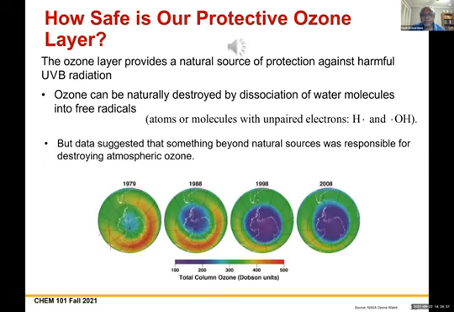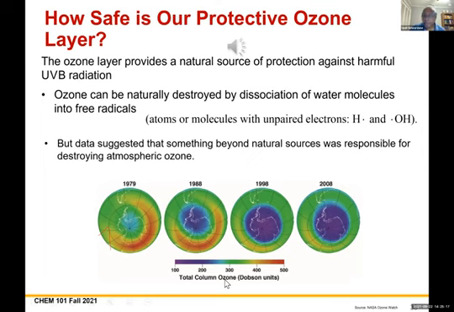If you look at the ozone layer in the Arctic and Antarctic regions, in 1979 it was okay. In 1988, ten years after, holes started to appear. In 1998 it became bigger. By 2006 it was almost the same. We began to see lower concentrations of ozone, measured in Dobson units.